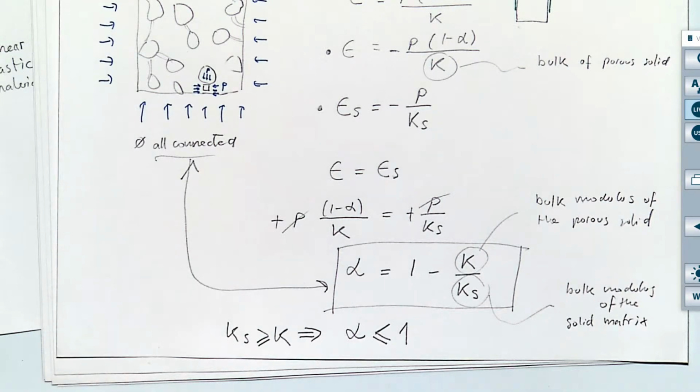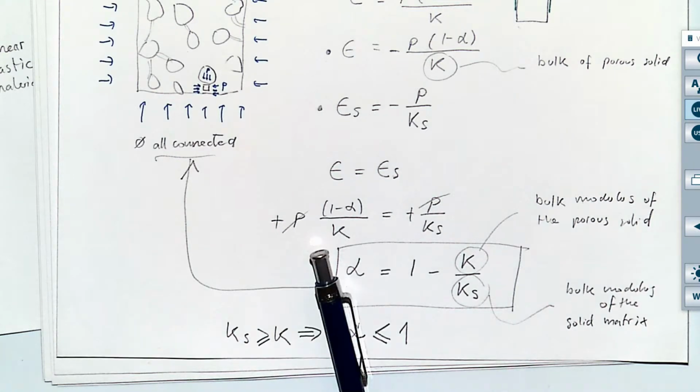And the Biot coefficient will always be equal or less than 1. Very porous solids have a Biot coefficient that approaches 1. Tight solids have a Biot coefficient that is less than 1. Some very tight solids may have a Biot coefficient which is 0.3, 0.4.